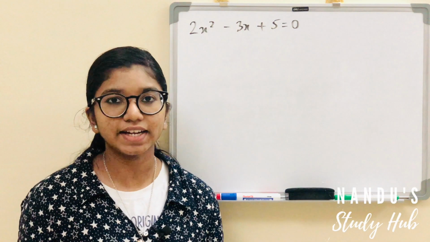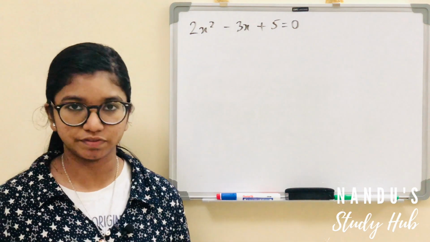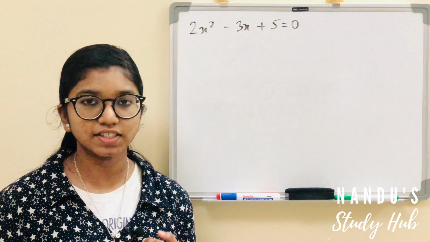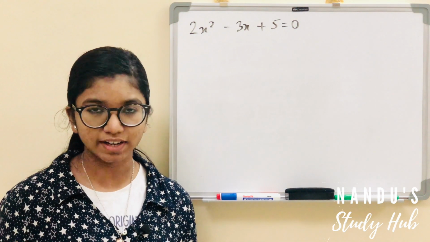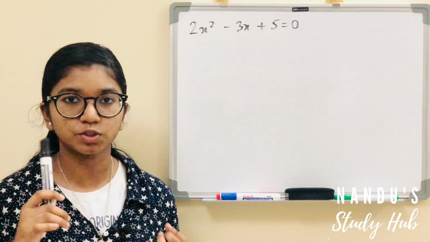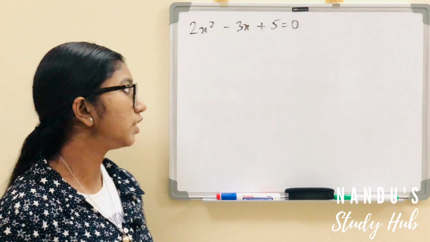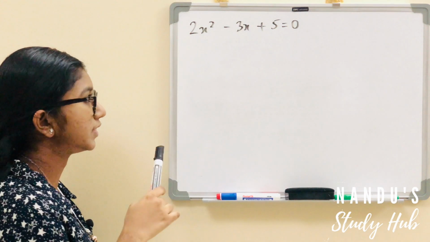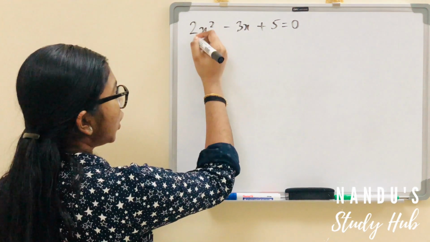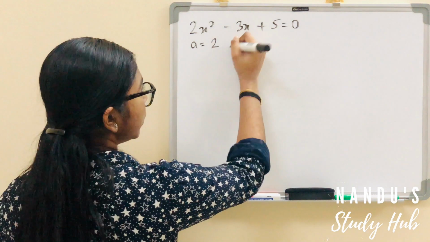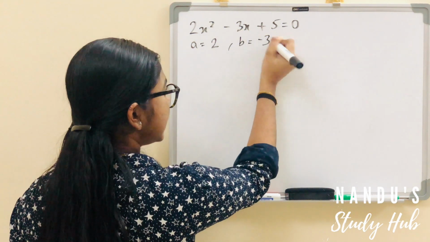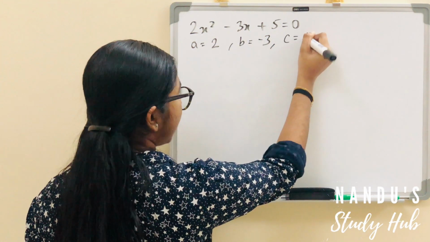As we have studied, there can be three different types of nature of roots. The first is two equal real roots, the second is two distinct real roots, and the third is no real roots. So let's check what this question would be. Here your a is 2, b is minus 3, and c is 5.